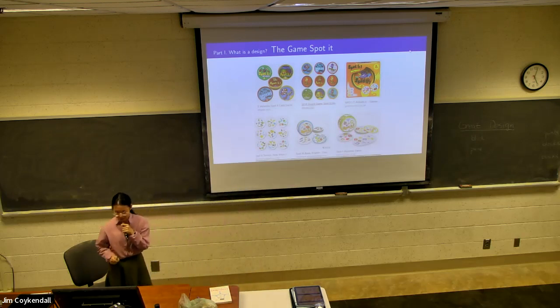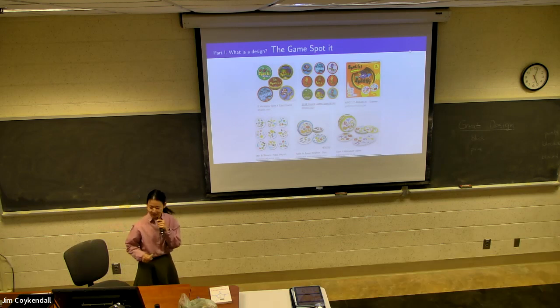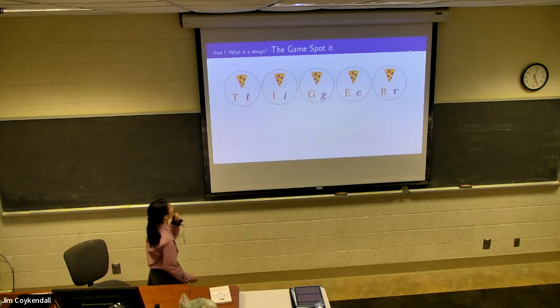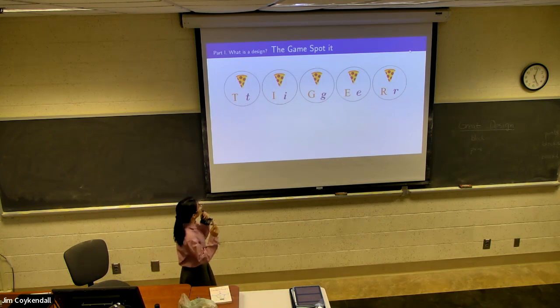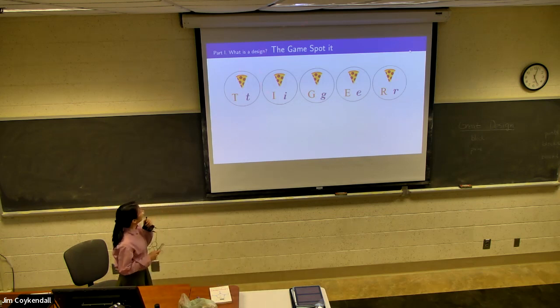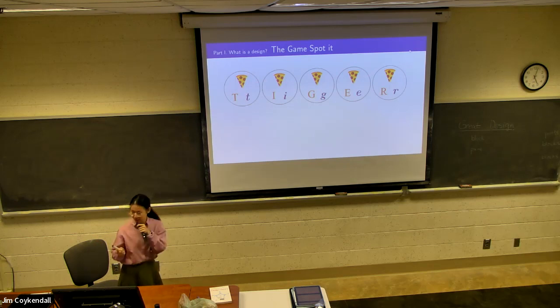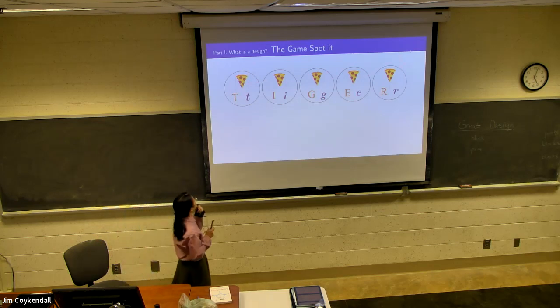And now I would like to make a Spotted game for Clemson. Okay, now I make my cards. I have 5 cards, and on each card I have 3 symbols. I like pizza, just as you do. So I put pizza in all my cards, and then I also put tiger there.